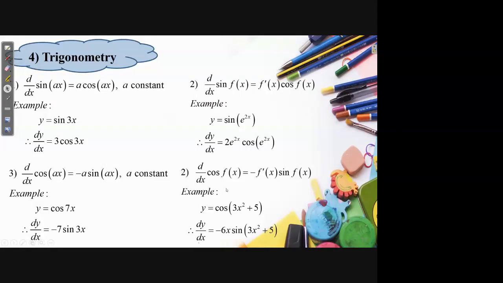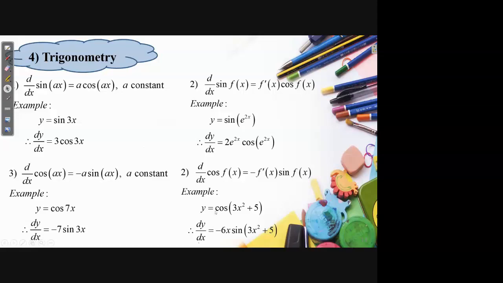Similar to cosine, differentiate cosine f x is negative f prime x sine f x, because we know that differentiating cosine gives negative sine, but now we have cosine of a function of x, so we have to differentiate f x to get f prime x.